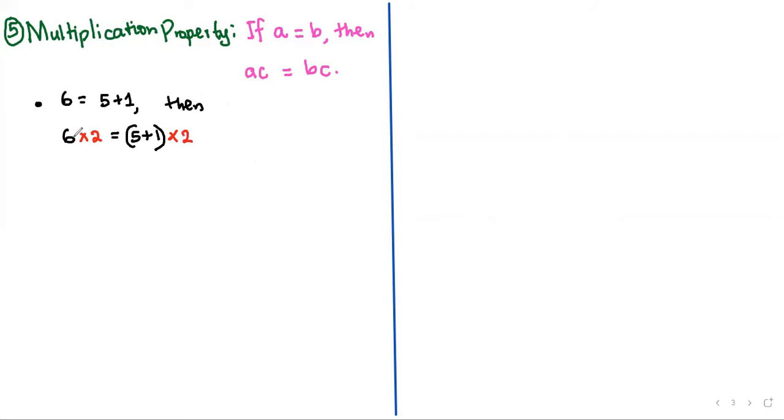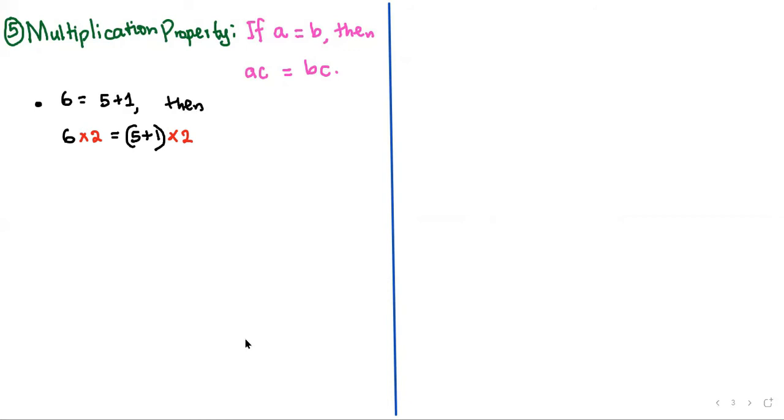What you do on the left-hand side, you must do it on the right-hand side. So 6 times 2 is equal to 5 plus 1 times 2. That's what we call the multiplication property.